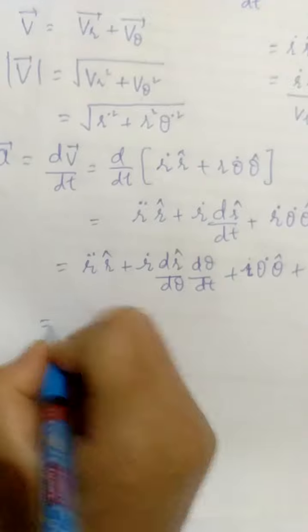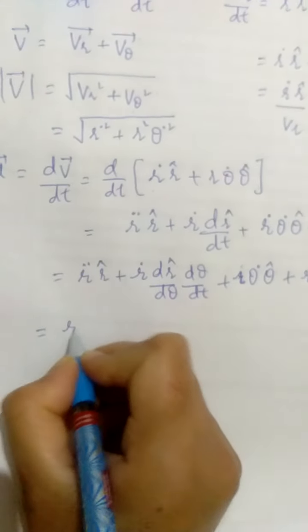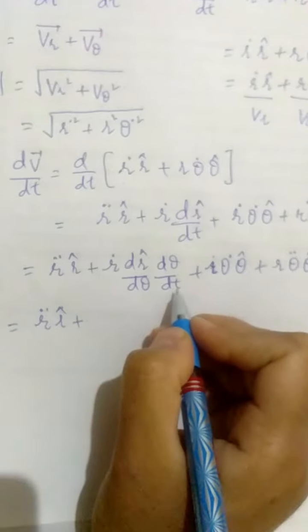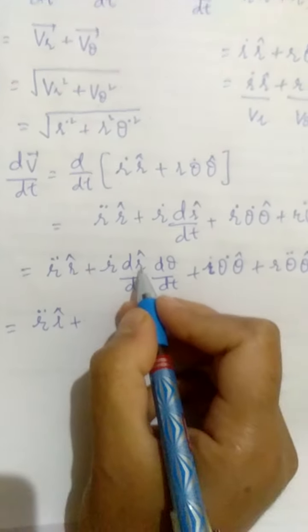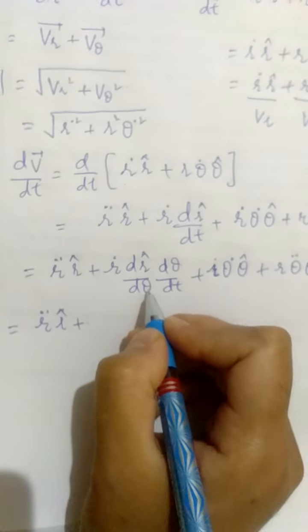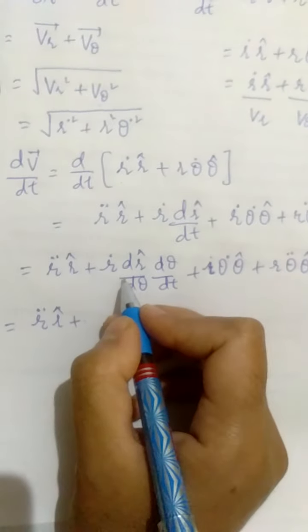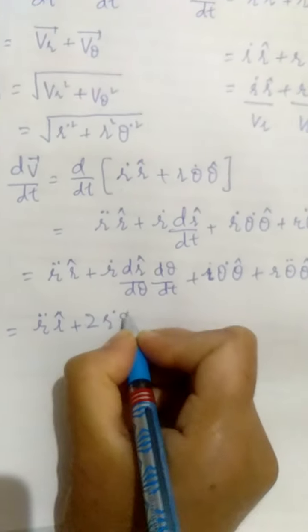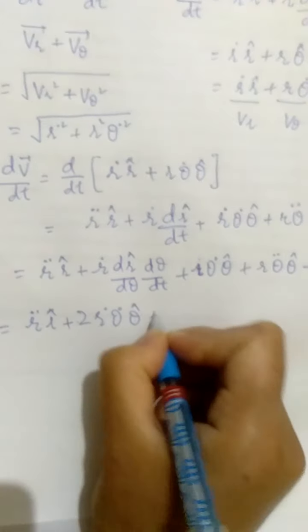Now this is how much? r double dot r cap plus, see, d theta by dt is theta dot, and dr cap by d theta, you have already done that, that is theta cap. So this and this factor is identical. I can write twice r dot theta cap, right?